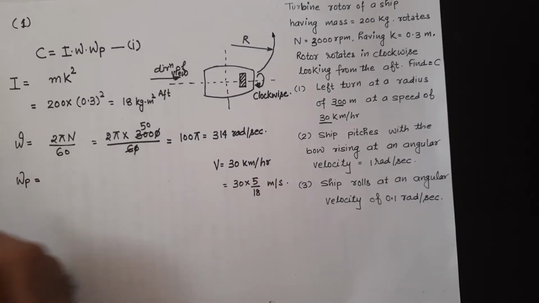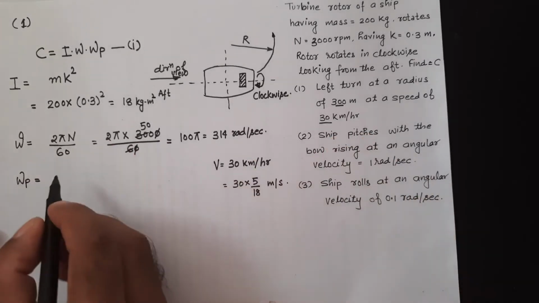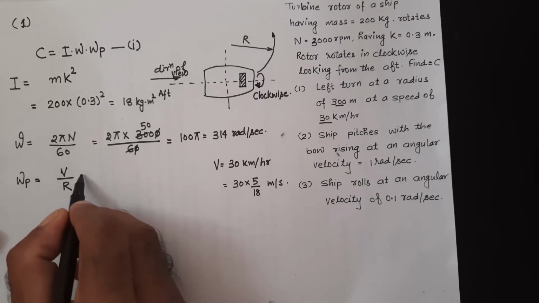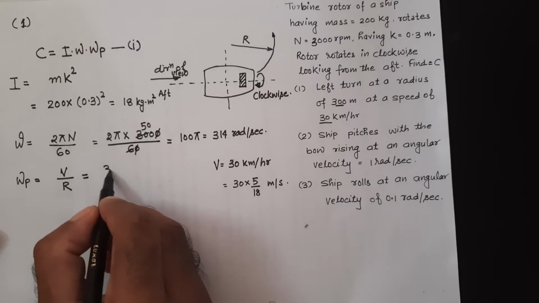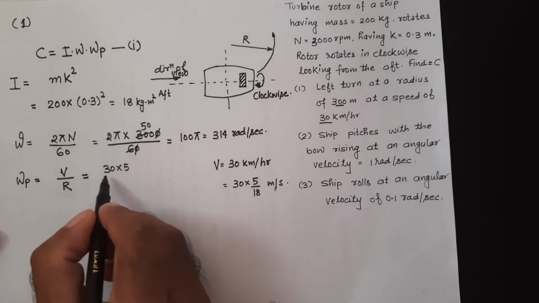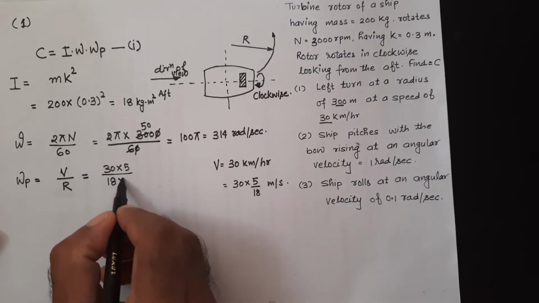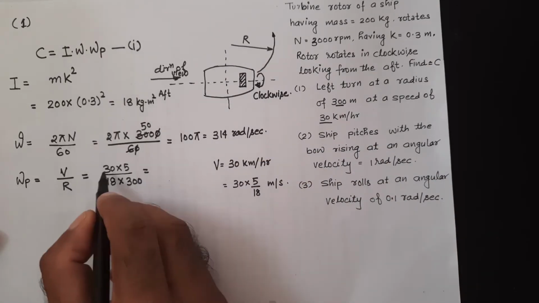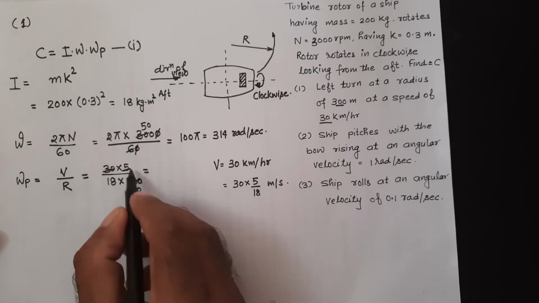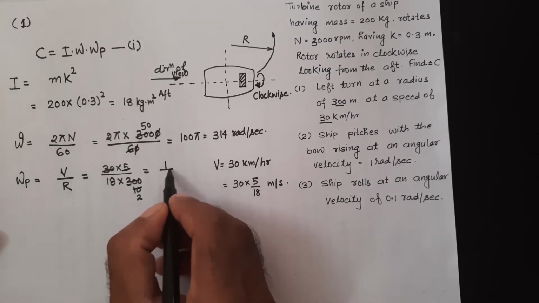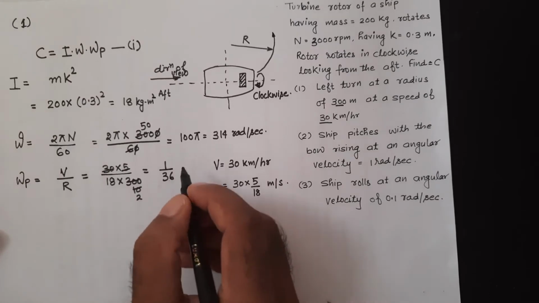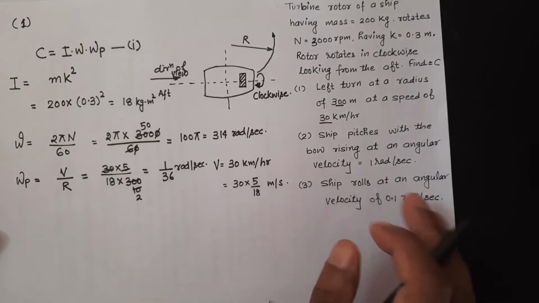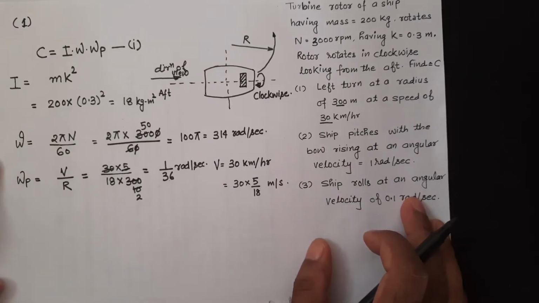This is v, and r is 300 meters. Omega p is v over r, which is 30 into 5 upon 18 over 300. Simplify, and it comes out as 1 over 36 radian per second. This is the precession angular velocity.